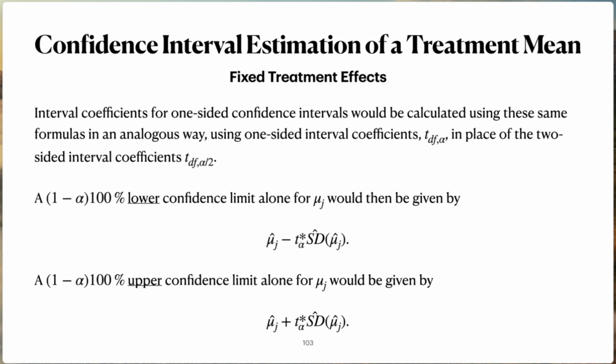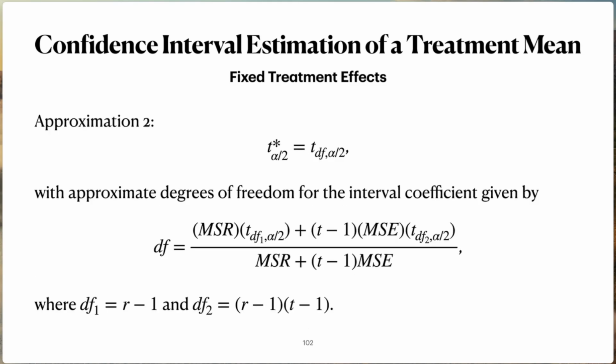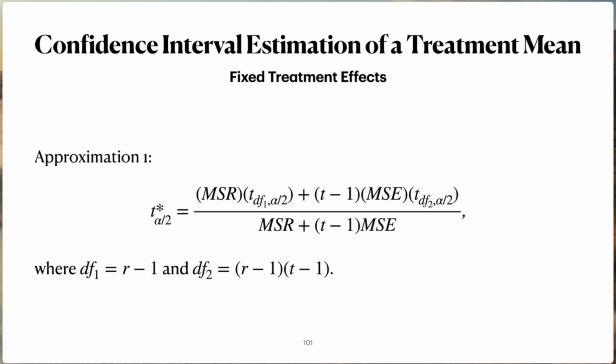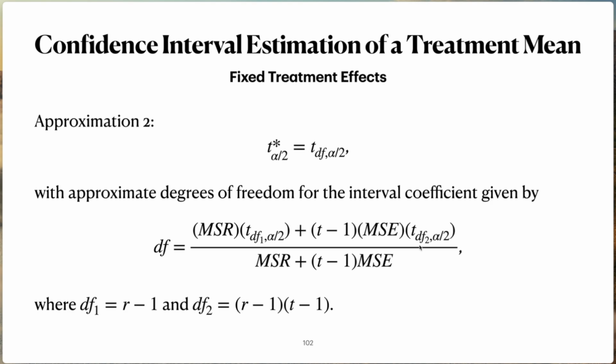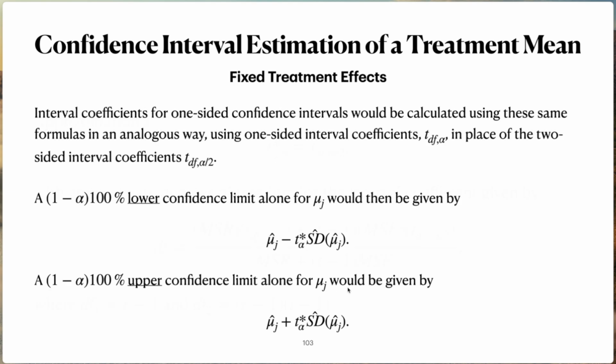By the way, these two methods are used for coming up with the interval coefficients for two-sided confidence intervals, because you'll notice we've got alpha over 2 in both of these. If what we needed was a one-sided confidence interval, then instead of having alpha over 2 in those formulas, we would have alpha, but we would still use the same procedure.